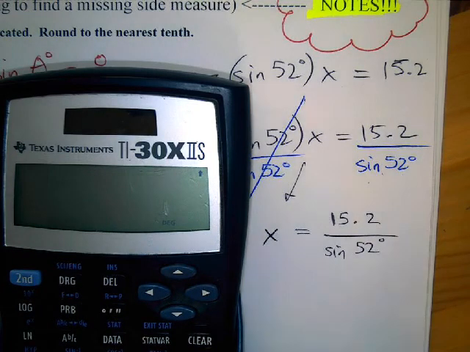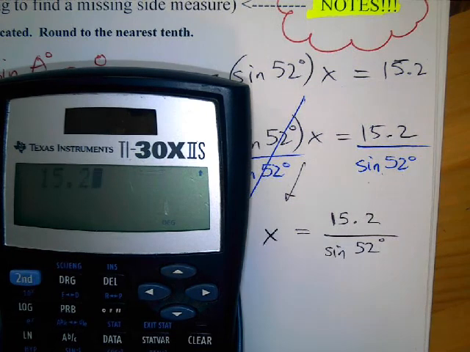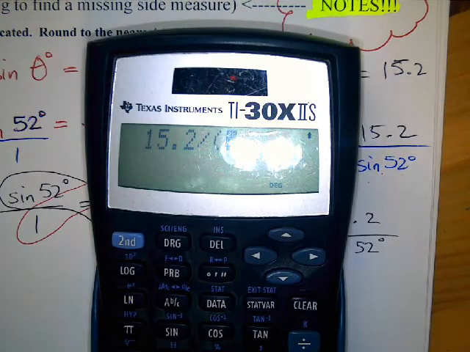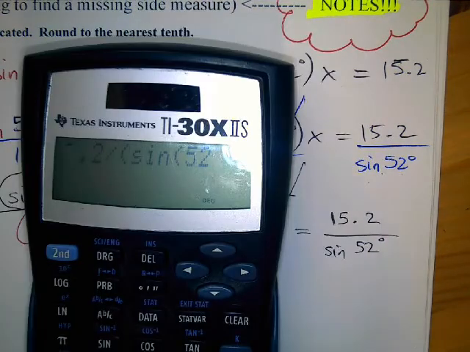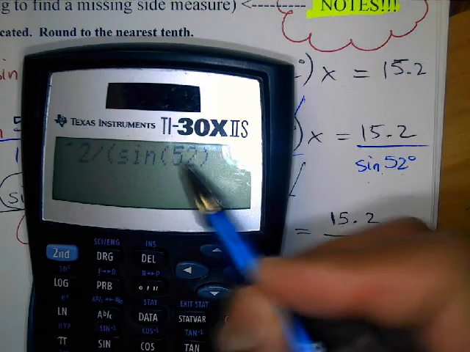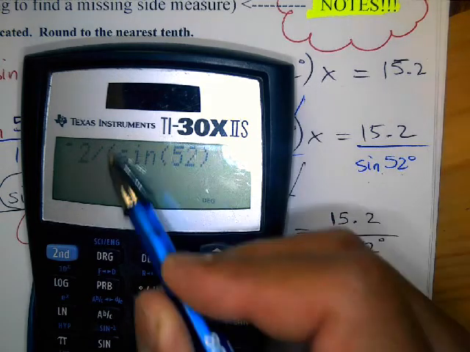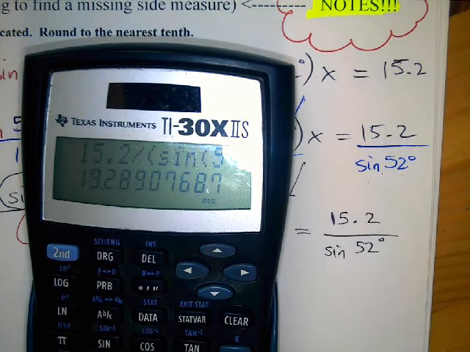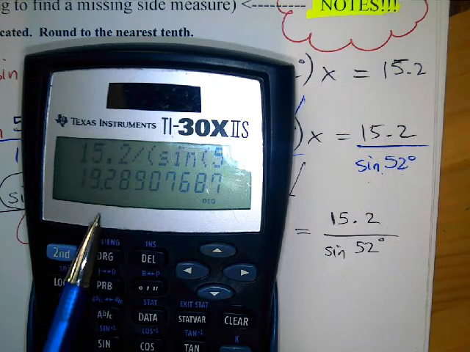Okay, so I'm going to get 15.2 and I'm going to put divided by, and this is where I use parentheses. Parentheses sine of 52, and I close it. I use one parenthesis to close the 52 and the other one to close for this one over here. See, and then I hit equals.